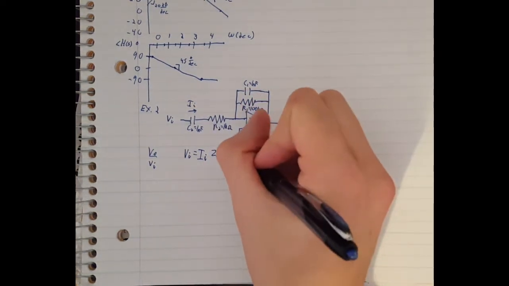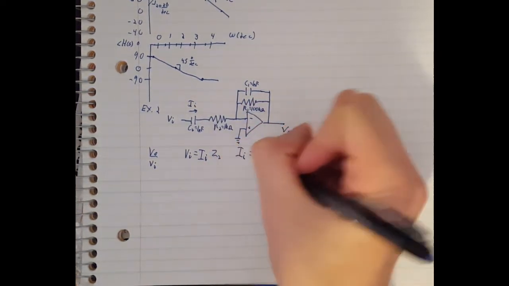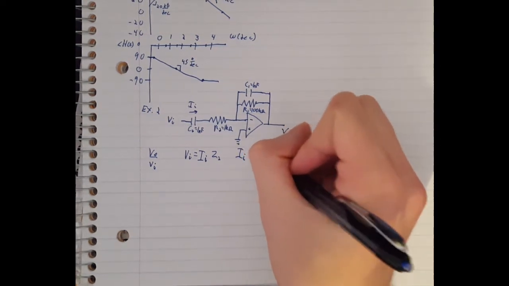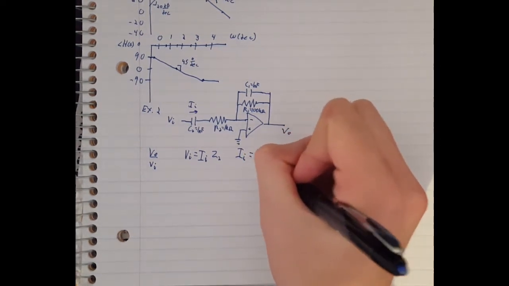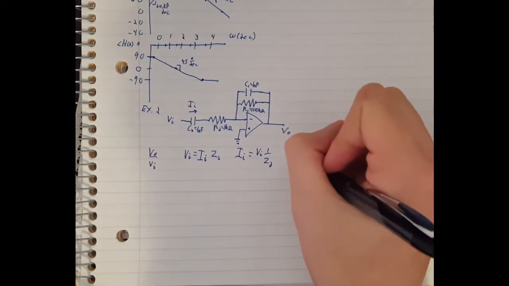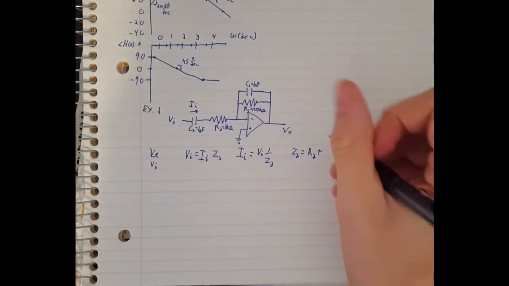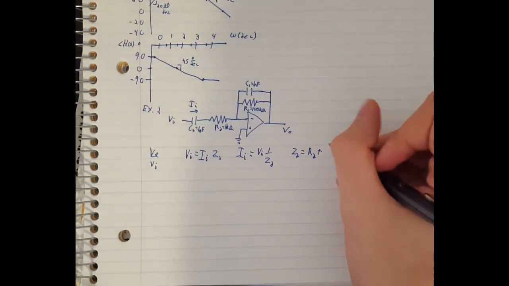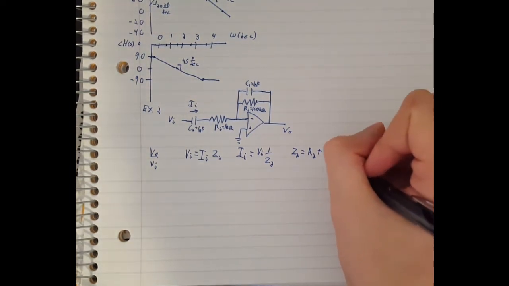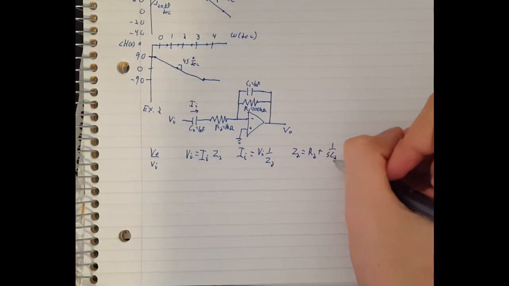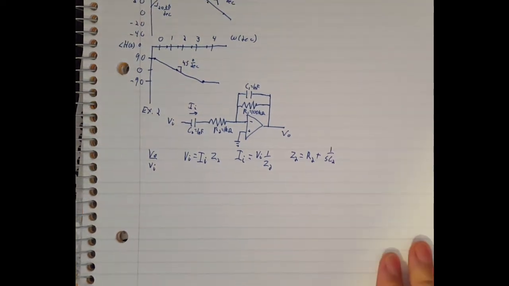So therefore I equals V in times 1 over Z2. And Z2 is just going to be R2 plus 1 over S C2. And this is just the impedance of the capacitor.